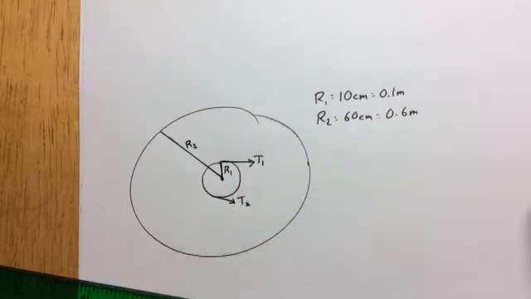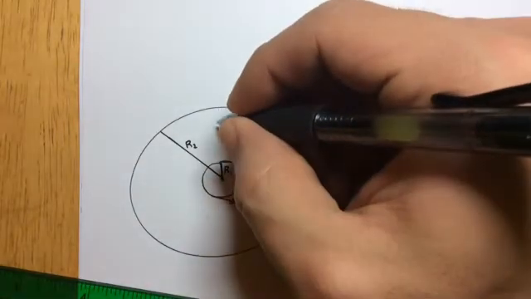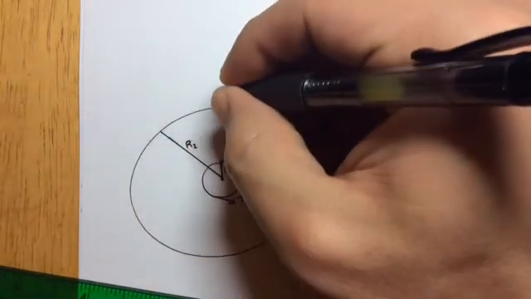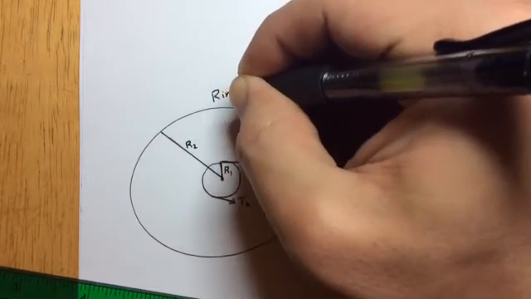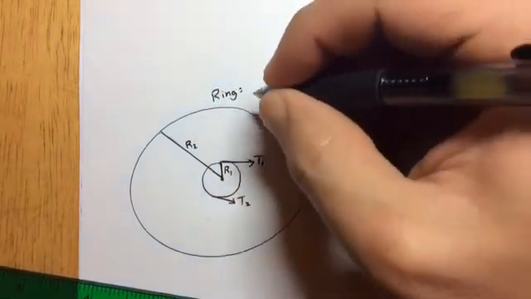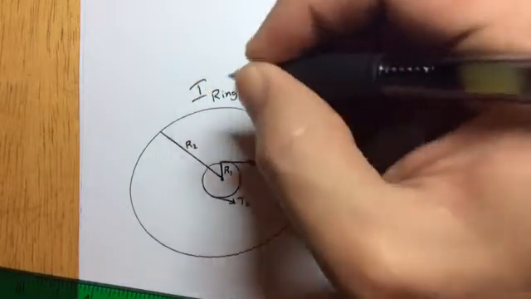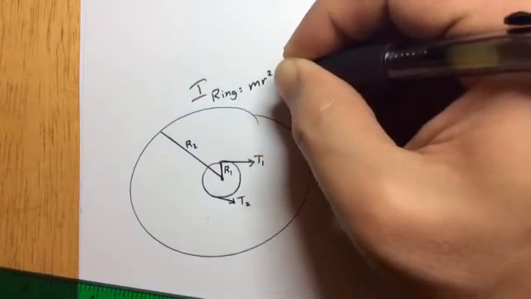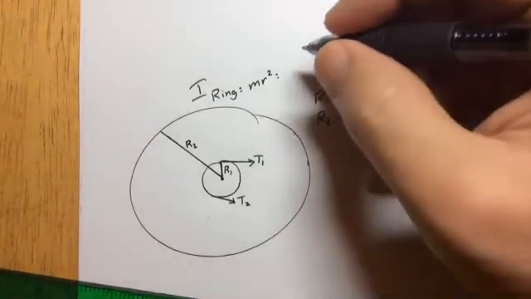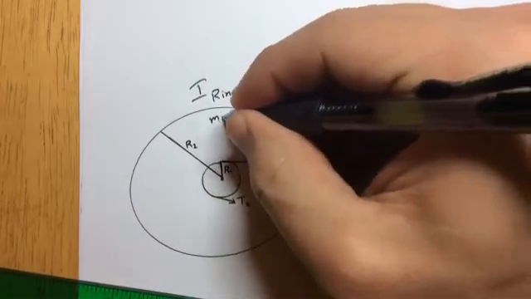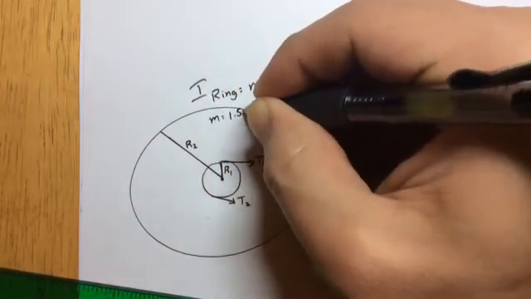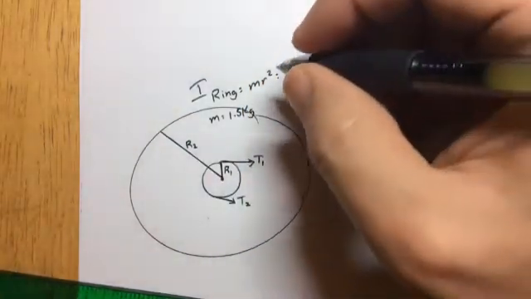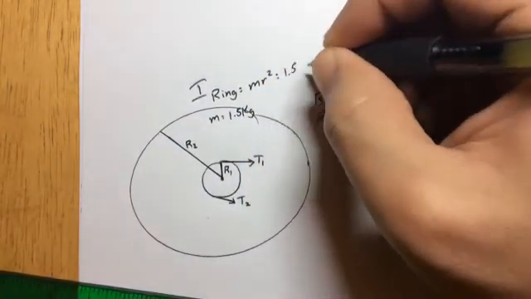Let's actually make this really simple. We've got this outside, and it's going to be a ring. Let's just call it a ring. And the inertia for a ring, the I for a ring, is going to be mr squared. And so the m, let's just call the m for the outside tire, let's say it's like 1.5 kilograms. Okay, we're going to plug that in, 1.5 kilograms.